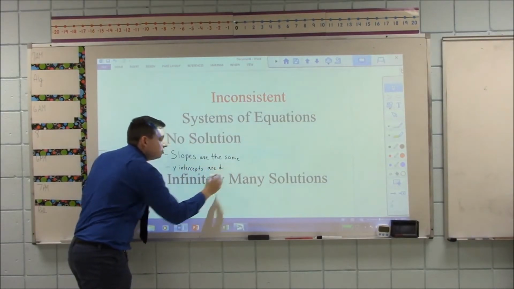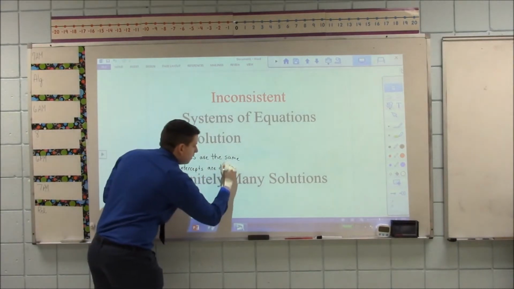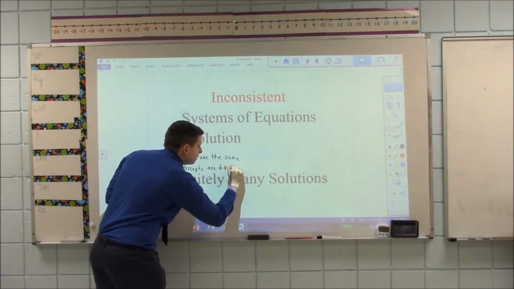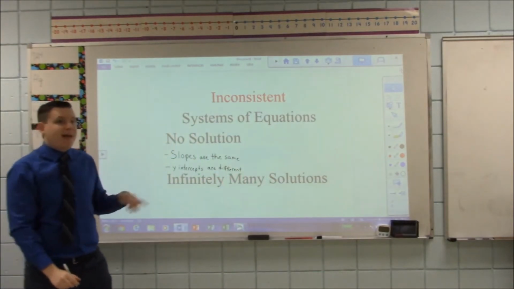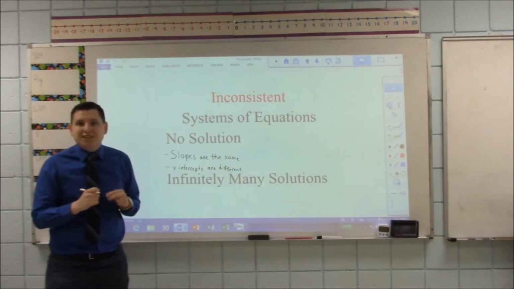And this is just the requirements for two lines to be parallel to each other. The slopes need to be the same and the y-intercepts need to be different.